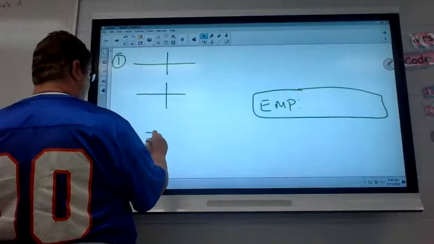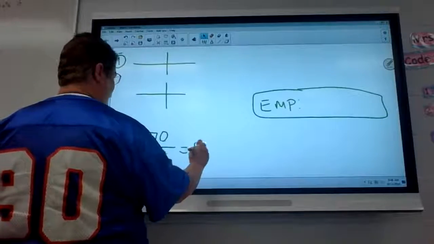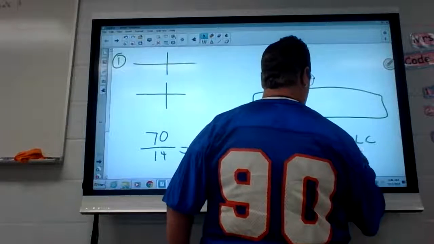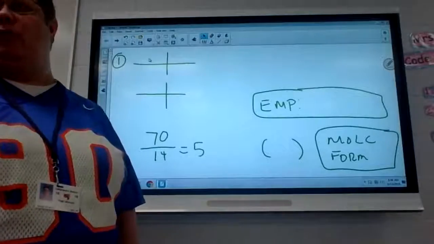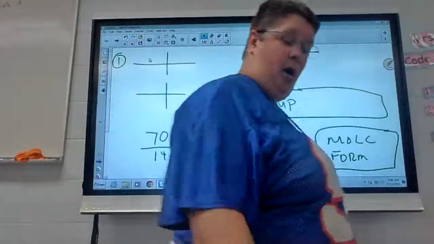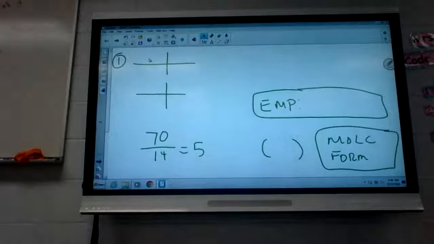Then I should see the numbers, whatever they are. I don't care if you don't write the name on the notebook paper, but I should see all the work worked out on the notebook paper. All the work for empirical formula. Box in what the empirical formula is. All the work for molecular formula. Box it in so I can find it. Some of y'all's handwriting is bad, but I should be able to find all the work pretty easily. Okay?